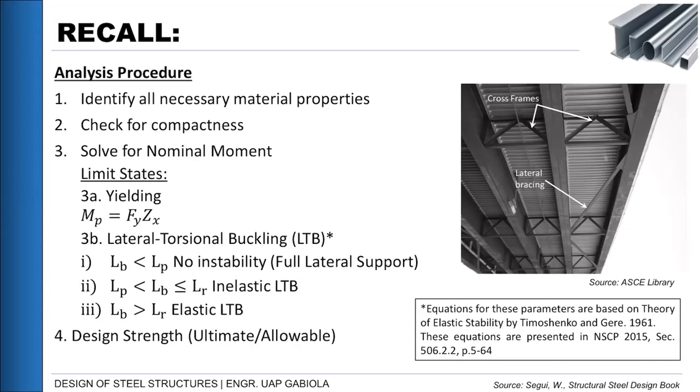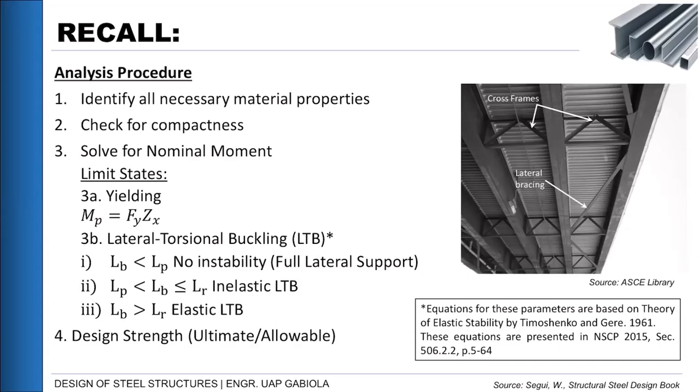And then right after getting all of those values, we need to check for compactness. So how do we check for compactness? We have the formula for the ratio of the width over thickness.